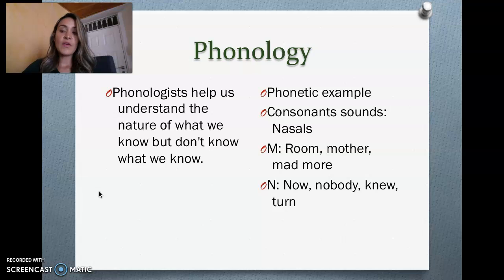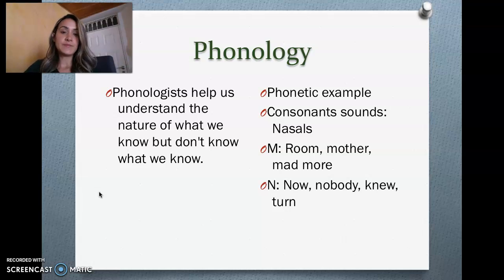Okay, for pronunciation, we must take into account the phonetics. For example, a consonant sound that is nasal: room, mother, mat, more, noun, body, new.